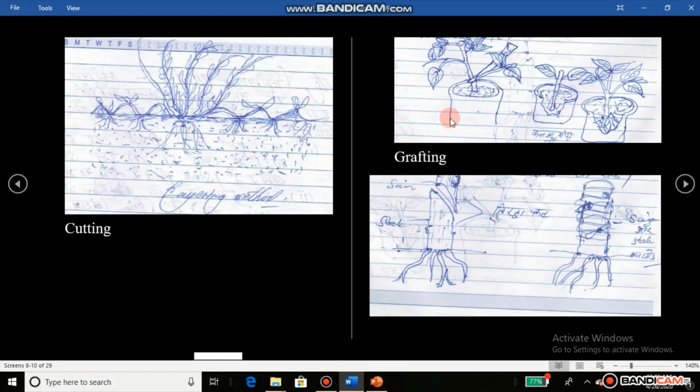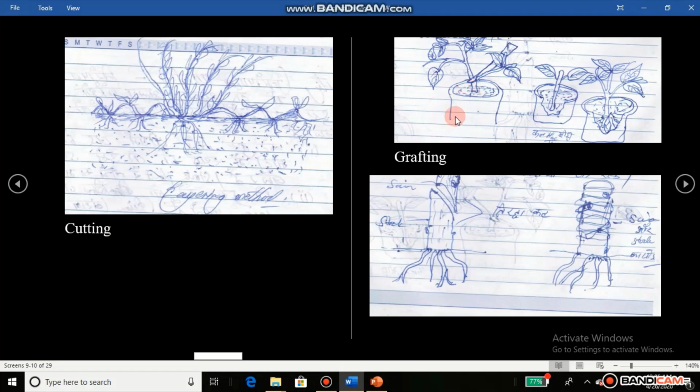But the cutting process happens in shrubs or small plants only that have a woody stem, such as rose plant, lemon. You can do cutting in this kind of plants that consist of a woody stem. So here it is, plants that have a woody stem.